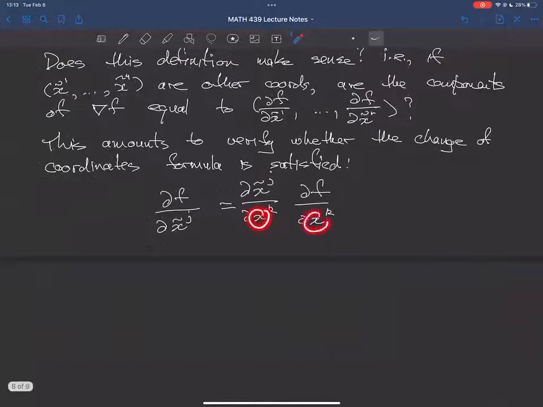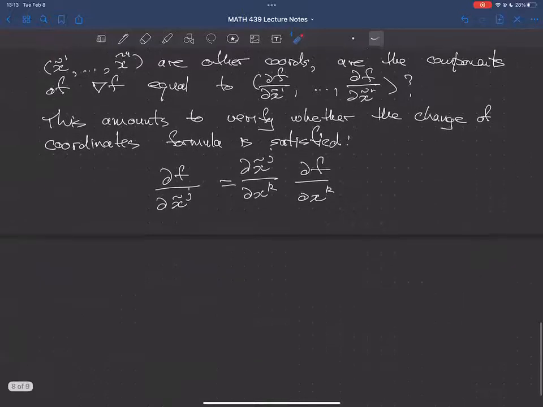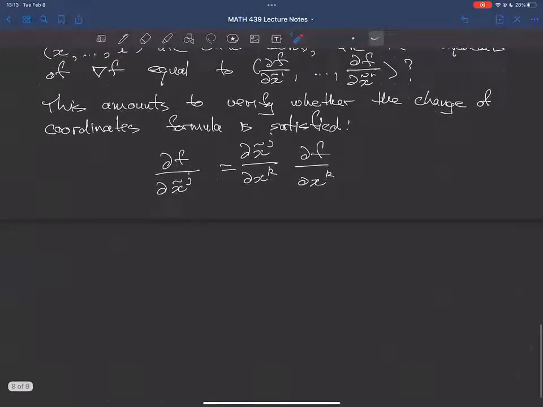Here I'm differentiating with respect to x tilde, and here I'm differentiating with respect to x. That's not a robust indication that something's wrong, but it's an indication that something might be not quite right. This formula is nonsense.